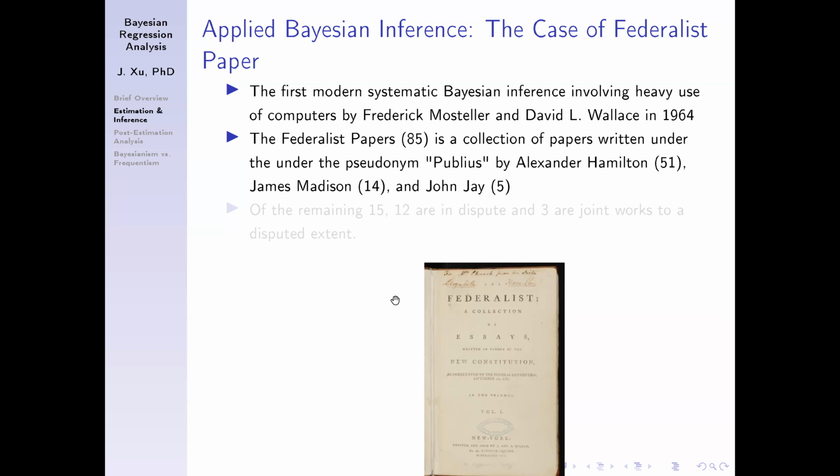Okay? Tallying them together, only 70 papers are identified with their corresponding authorship. Of the remaining 15, 12 are in dispute and 3 are joint works to a disputed extent. Okay?